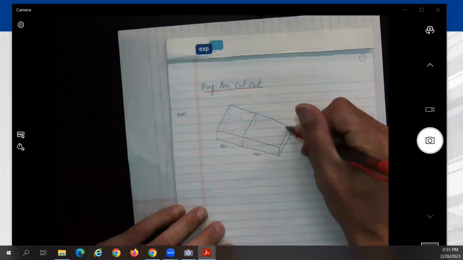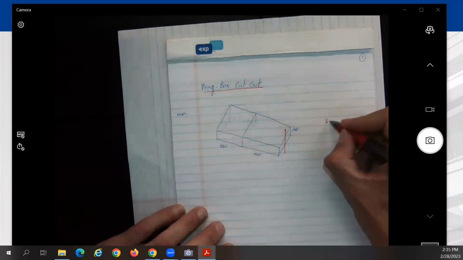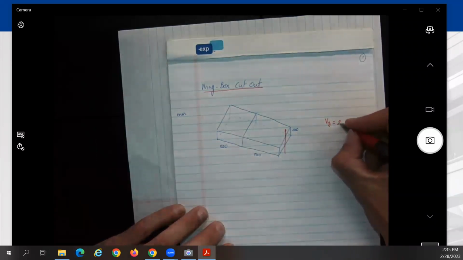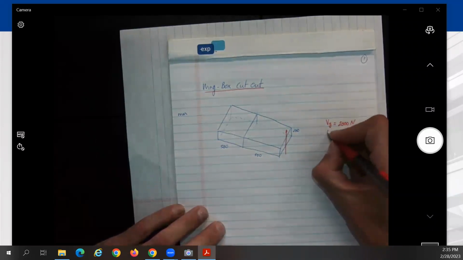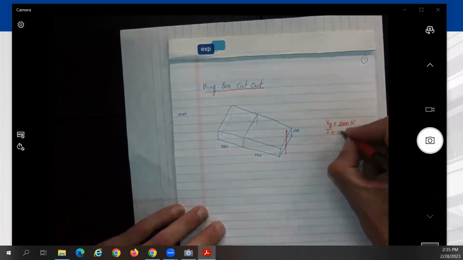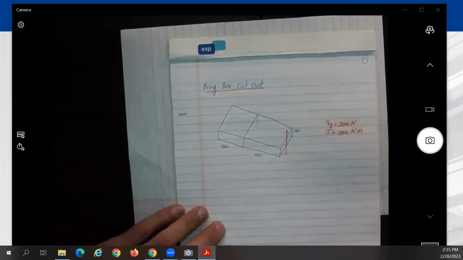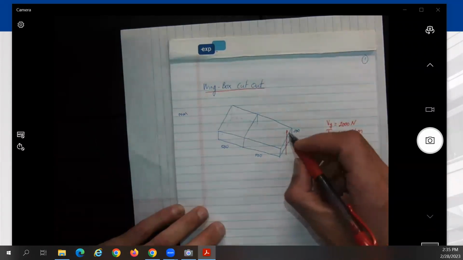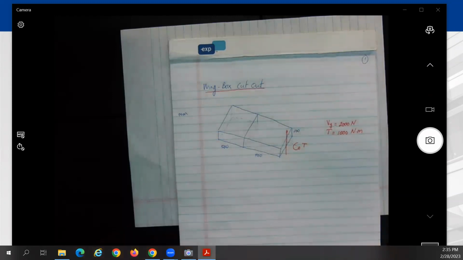Here there is a force Vy being applied, equal to 2000 newtons, and a torque of 1,000 newton meters, being applied counterclockwise over here, so it's positive.